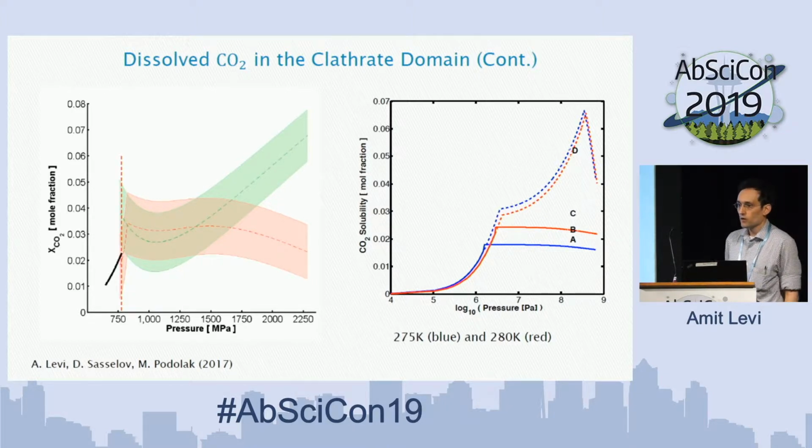It's a very delicate problem. If you assume an ideal solution, you get this green shaded area. If you don't assume ideality and correct for activity coefficients, you get this red shaded area. And the model I showed before with Kramers' theory is this black curve, and it sits very nicely on the continuation of this inferred data.